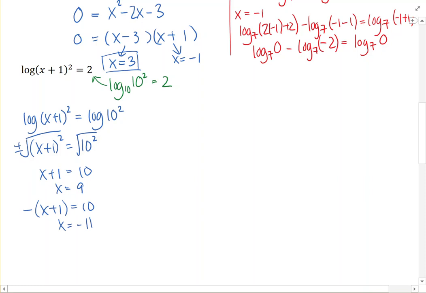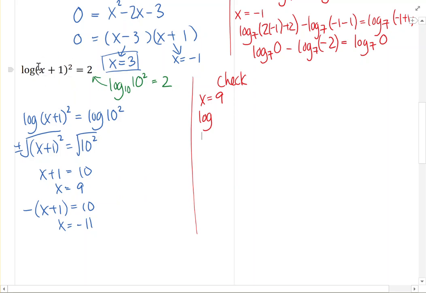Again, we do need to check. Okay. So first we have x equals 9. But when we're checking, there's one thing I need to point out that we do need to be careful of: when you're looking at the term that is squared, when you're doing the check, you do need to expand that.